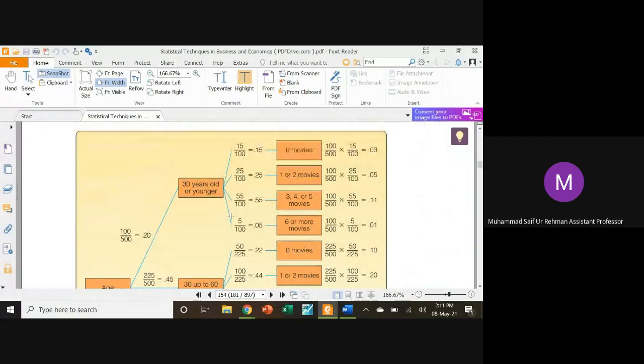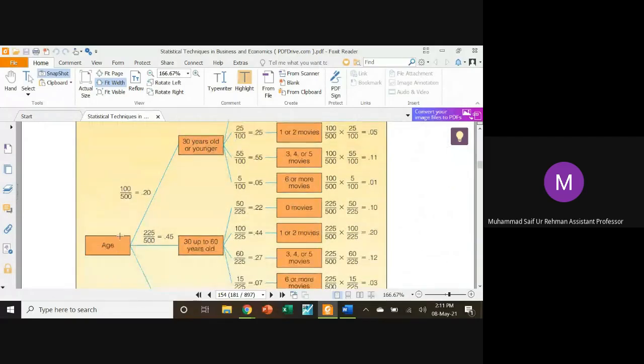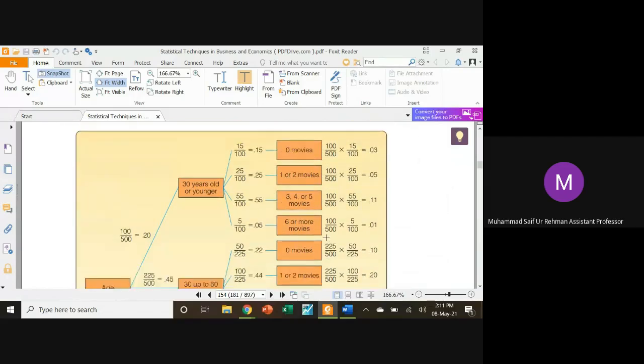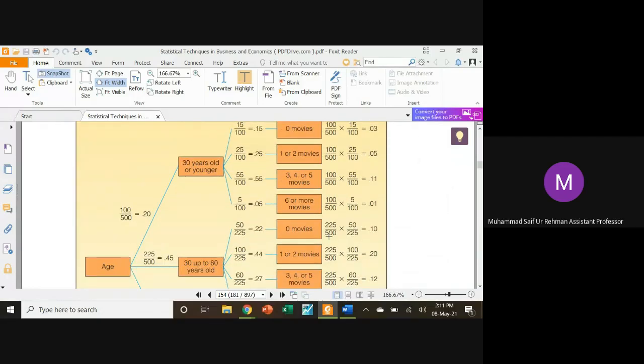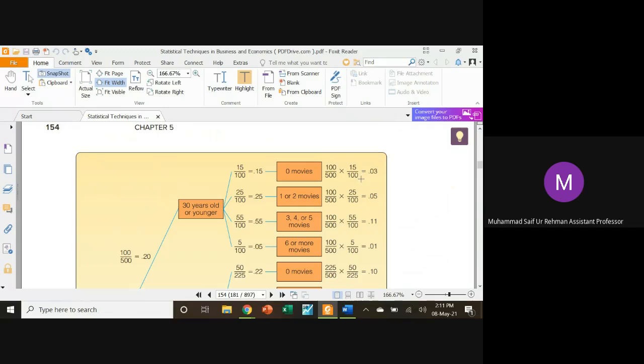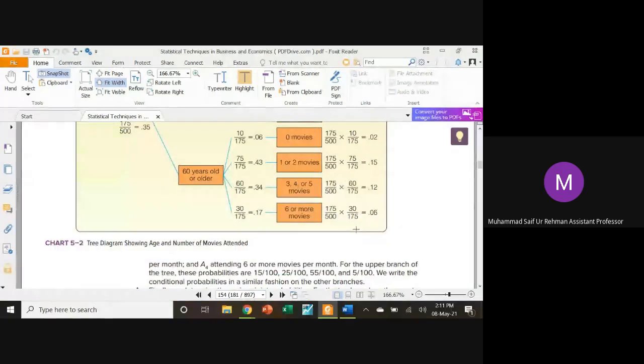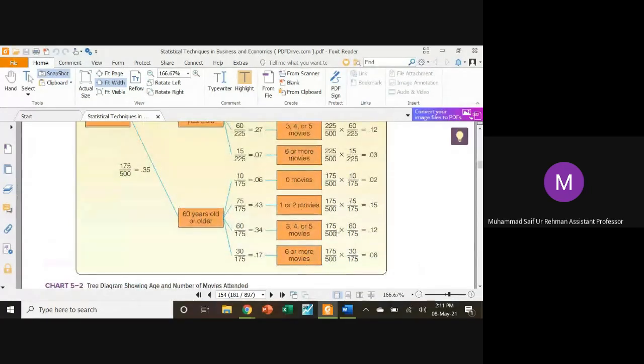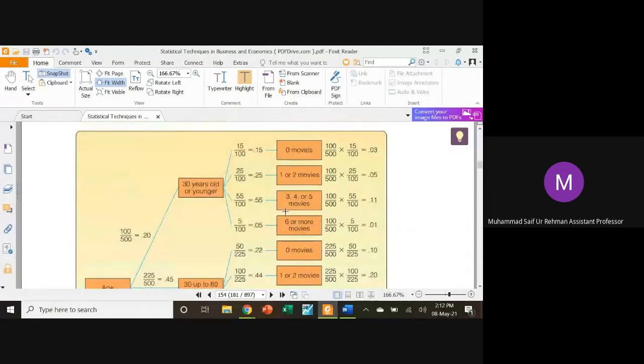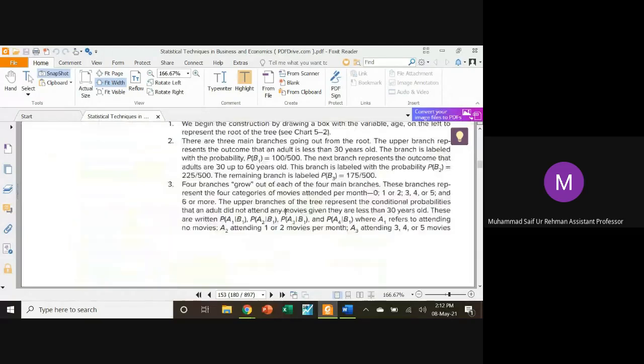If you see, this is the tree diagram, starting from some stem, and then there are branches, and then further branches, and these are the joint probabilities. Okay, and the sum of these joint probabilities will always equal 1 because all possible outcomes will be covered by this tree diagram.